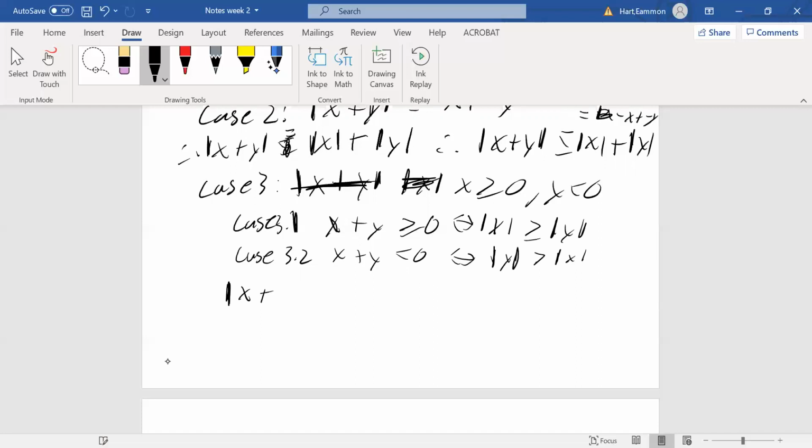So here we have x plus y is going to be equal to, in this case, x minus the absolute value of y. So case 3.1, as opposed to up here, is definitely less than or equal to the absolute value of x plus the absolute value of y.